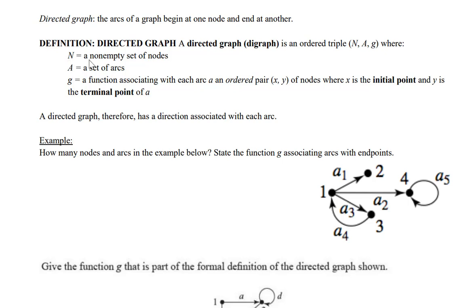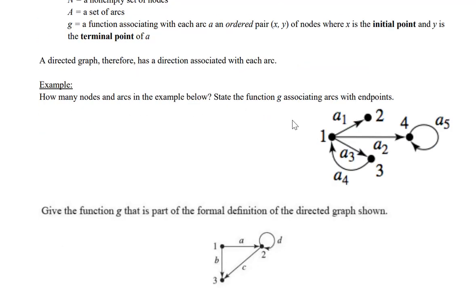You need a set of nodes, a set of arcs, and a function g, but instead of 1 dash 2 or x dash y, you have an ordered pair. That means you start at x and you end at y. So x is called the initial point and y is called the terminal point, because you have a vector. A directed graph therefore has a direction associated with each arc.